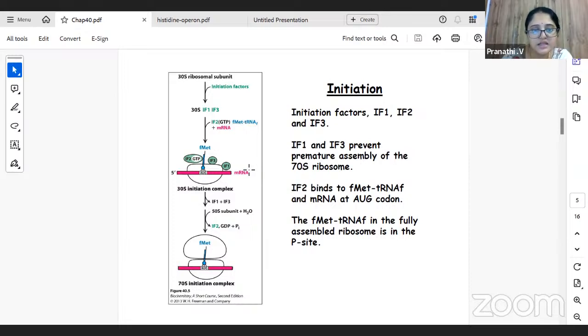After this 30S initiation complex gets formed, IF1 and IF3 factors get released. And then you have the 50S subunit, which is going to be present. Of course, we have water in abundance.